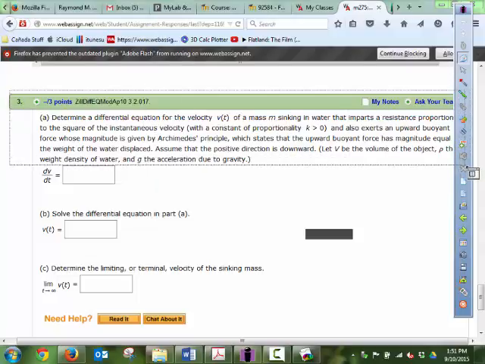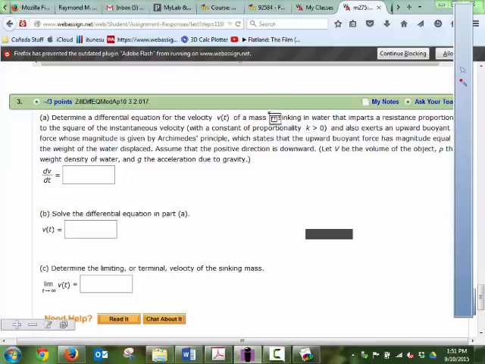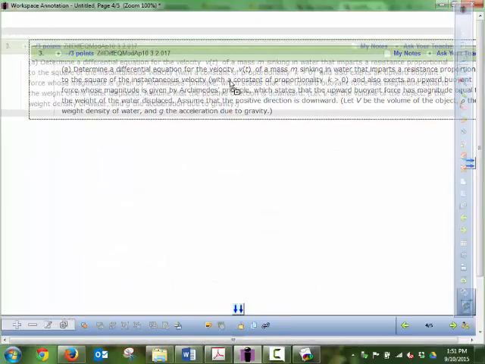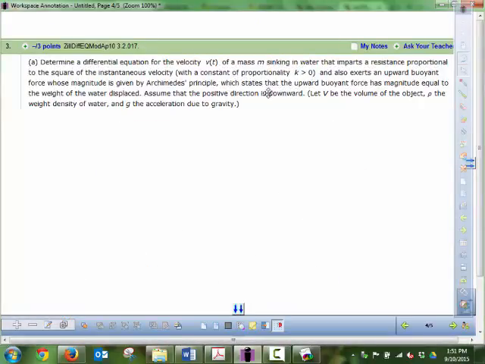So the next section here is still modeling, but the first section was modeling first order linear differential equations. Here it's looking at nonlinear models. Let's take a look at this.